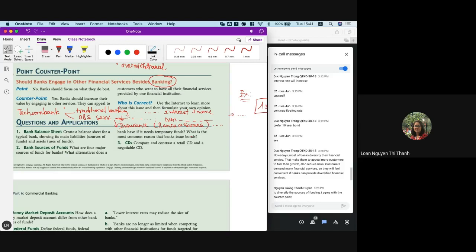Okay, so they can diversify, yes, to appeal to customers who want all the financial services. Not the traditional services, but off-balance sheet, insurance, and investment advisory services.